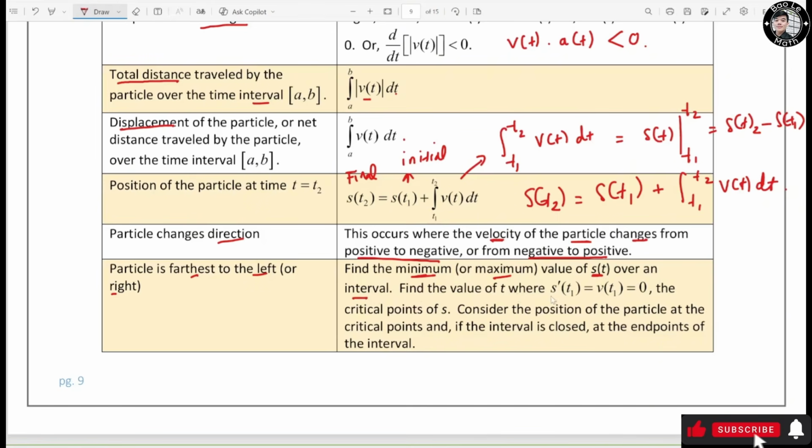Find the values of t where s prime of t equals v of t equals 0. And then you need to find the critical numbers and consider the position of the particle at the critical points. And if the interval is closed, you need to evaluate the value of the function at the endpoints, right? So technically, if you see the closed interval, you need to use the candidates test.